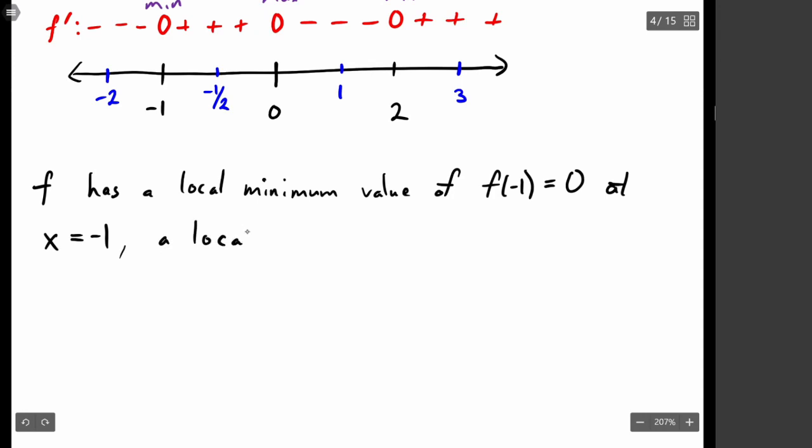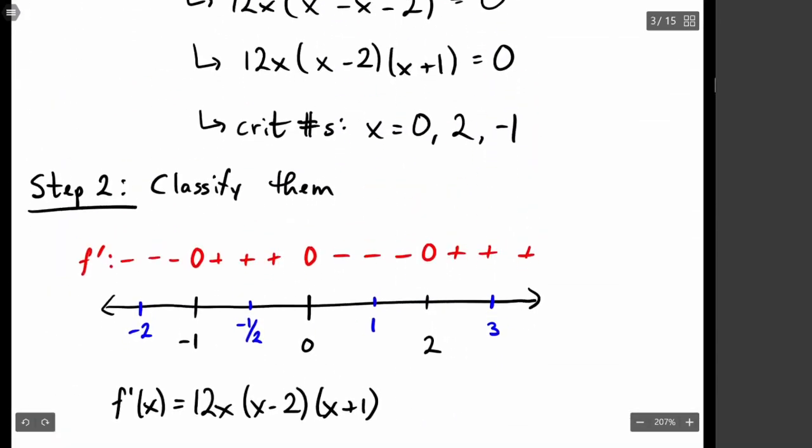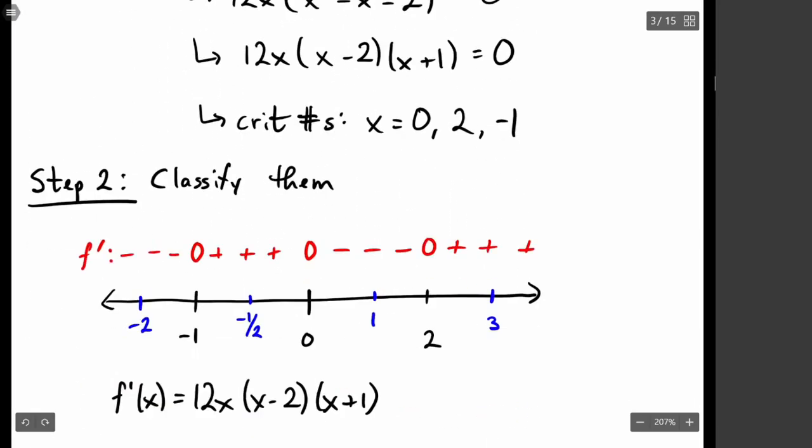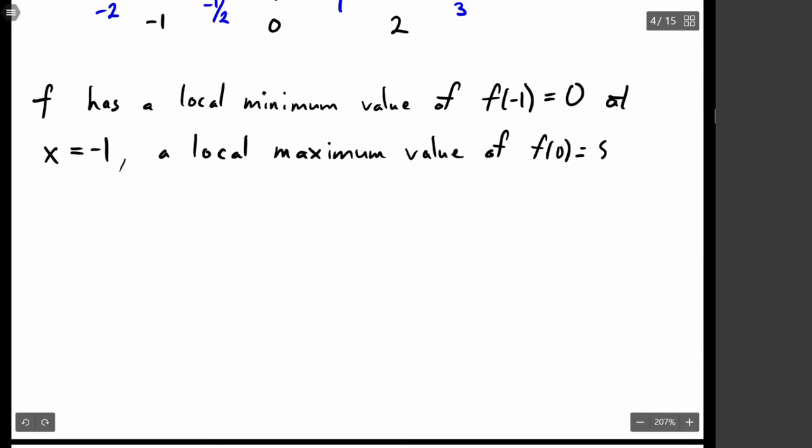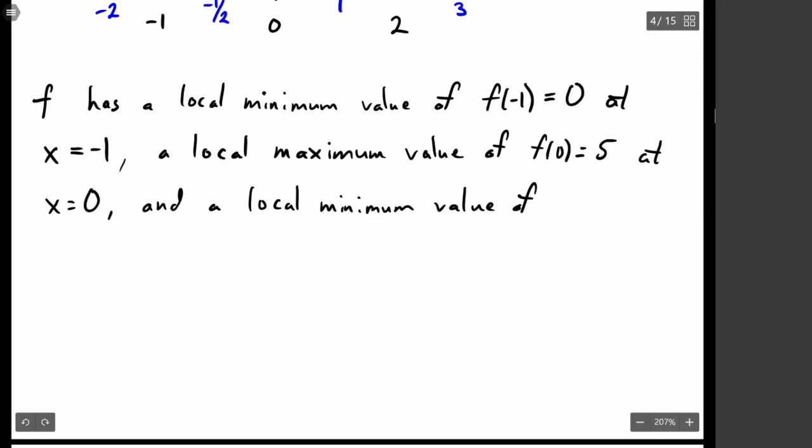A local maximum value of f of 0, which is 5, at x equals 0, and another local minimum value of f of 2, which is -27, at x equals 2.